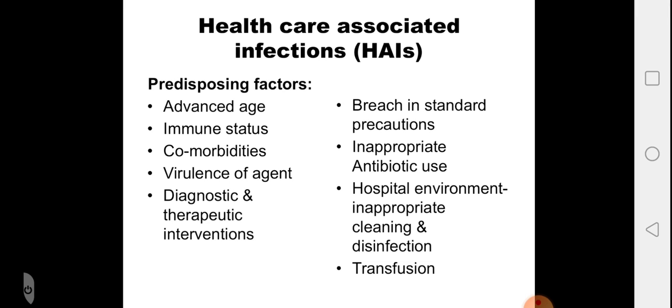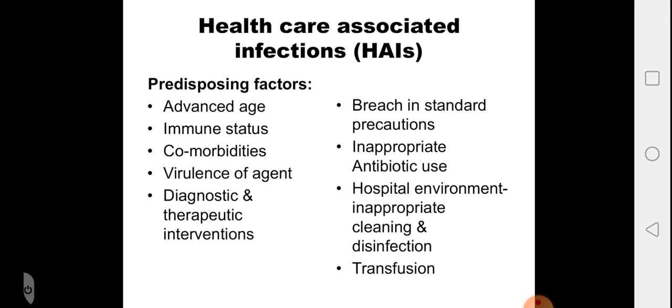Looking into the predisposing factors, they are advanced age, more than 60 years, compromised immune status like cancer or immunosuppressive therapy, comorbidities like diabetes, asthma, etc., virulence of the agent, several diagnostic and therapeutic interventions like use of IV line, Foley catheter, endotracheal tube, which might be the source of infection.